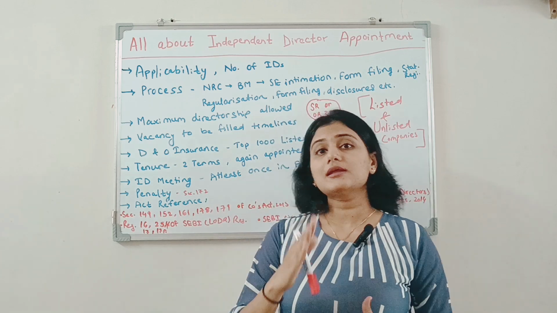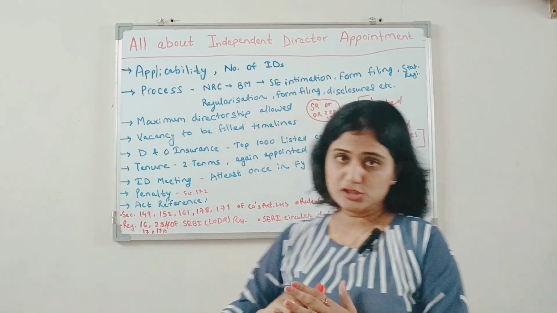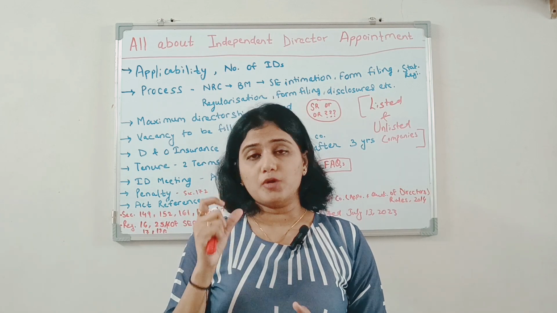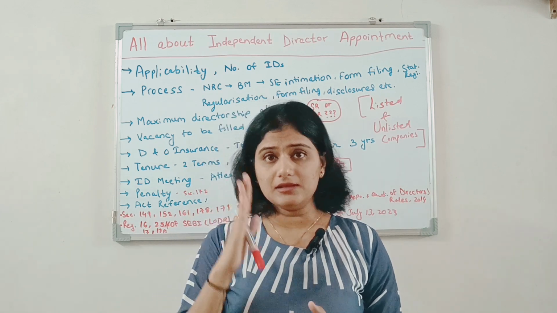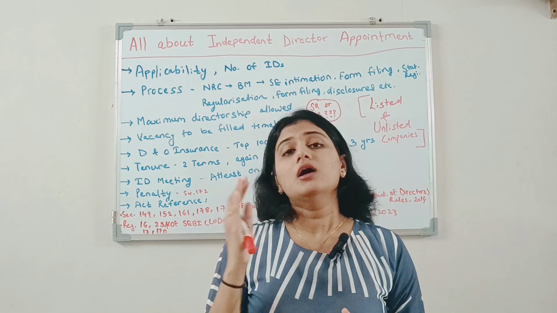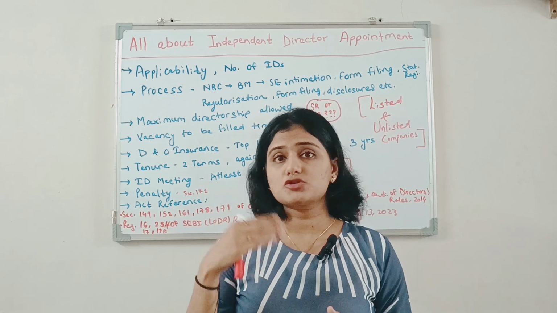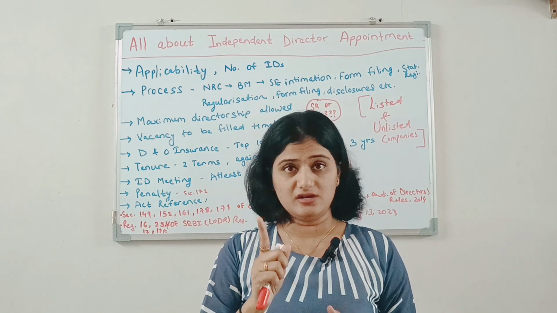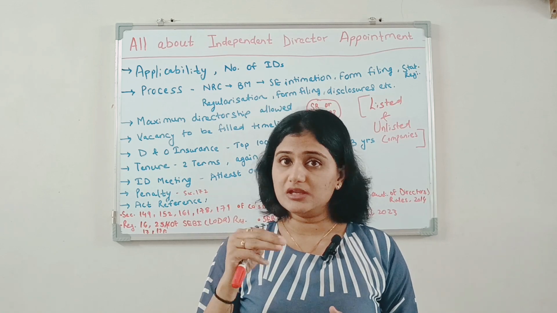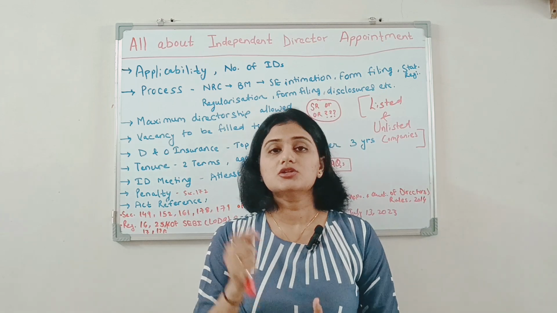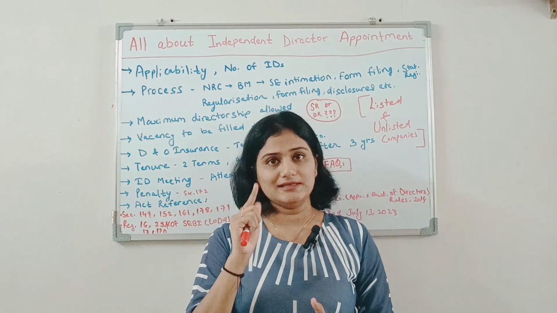Okay, but in the LODR regulations there is a specific timeline: within 3 months from when the board approves the appointment of the ID, such appointment has to be regularized by the shareholders by passing a special resolution within a period of 3 months or in the next general meeting, whichever is earlier. Okay, so this is a specific timeline for the listed company.